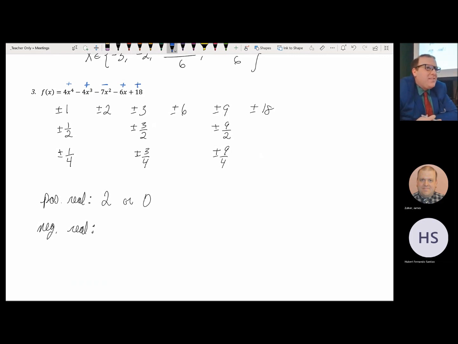F of negative x. Again, I'm just writing the signs that we're going to have above it. All of the odd powers are going to switch signs. The even powers stay the same. Right, so if you look at f of negative x, it's going to be plus, plus, minus, plus, plus. How many sign changes do we have? 2.